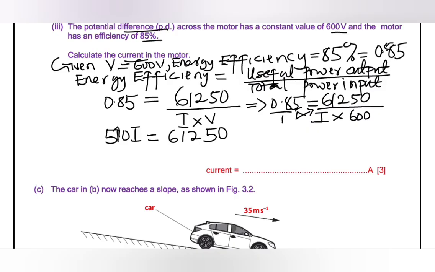Then dividing both sides by 510, I equals 61,250 divided by 510, which is approximately 120 amperes. So that's the current in the motor, and that's the solution for B3.